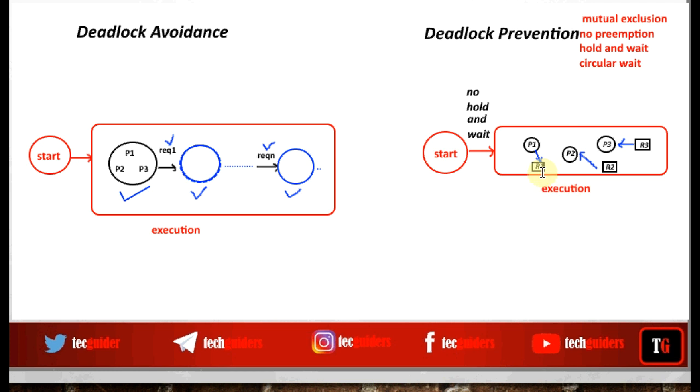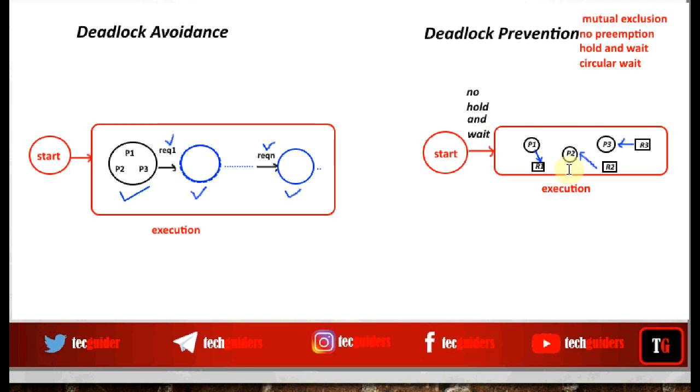For example, there can be 3 printers. So what is the maximum number of each resource type required by each process? All this information should be gathered in the beginning itself. Then only the system will be able to analyze whether granting a request will lead to a safe state or an unsafe state. But for deadlock prevention, no such additional knowledge is required.